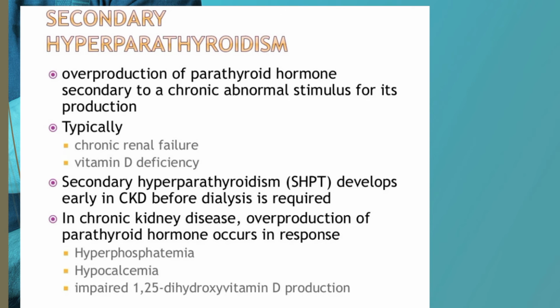For chronic renal failure, the patient is unable to excrete normally, and also there is no production of the active form of vitamin D, which plays an important role in controlling the blood calcium levels.